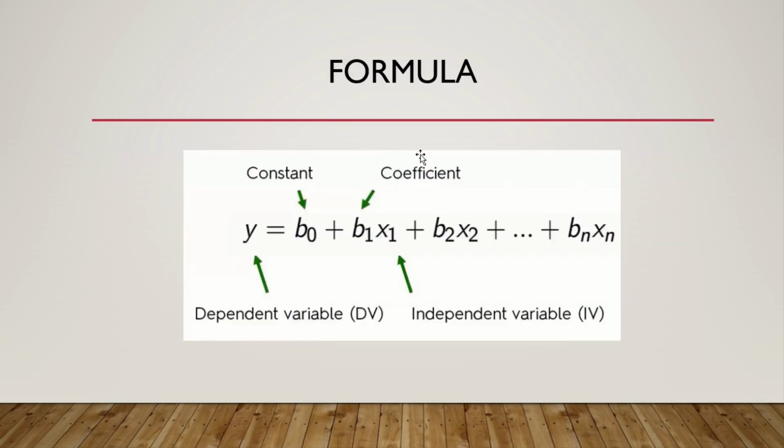It is much similar to the simple linear regression. Here B0 represents the constant bias factor and B1 to Bn, that is all these Bi, represent the coefficients of the independent variables, and the formula is y is equal to B0 plus B1x1 plus B2x2 and so on up to Bnxn.